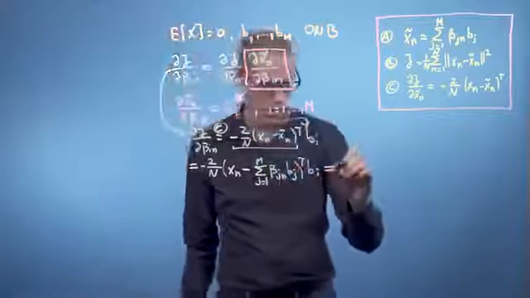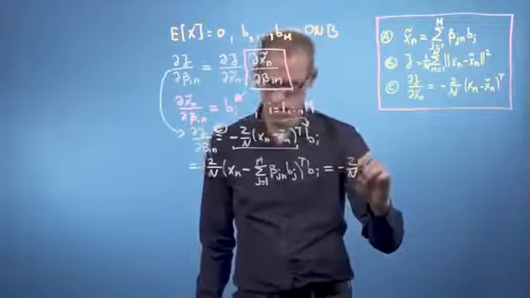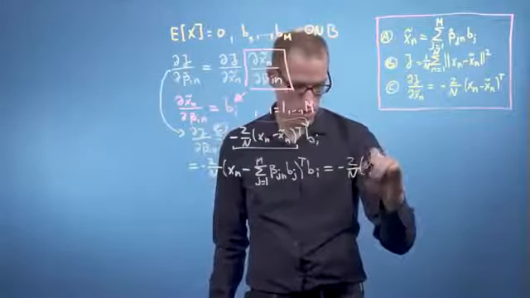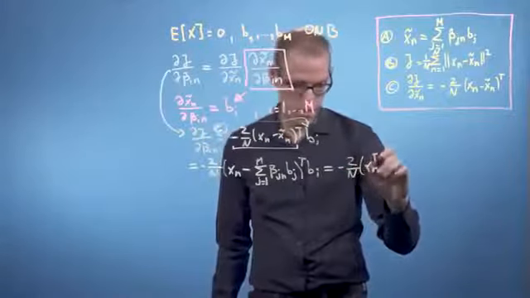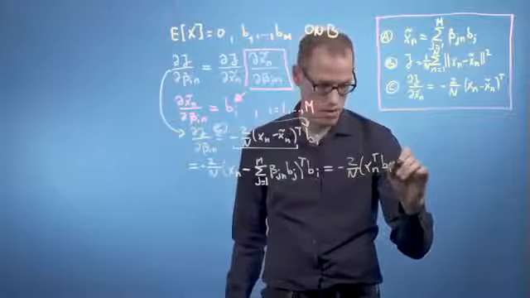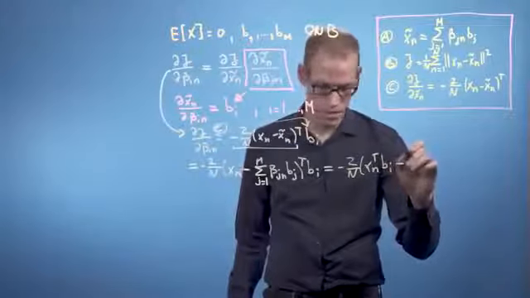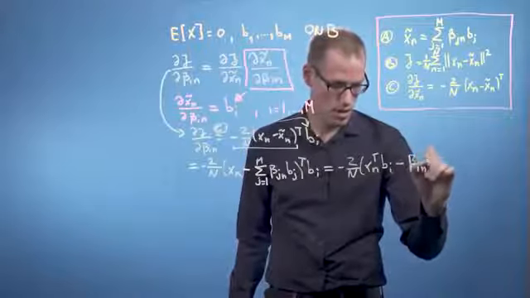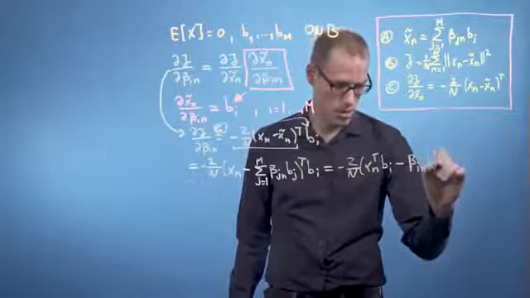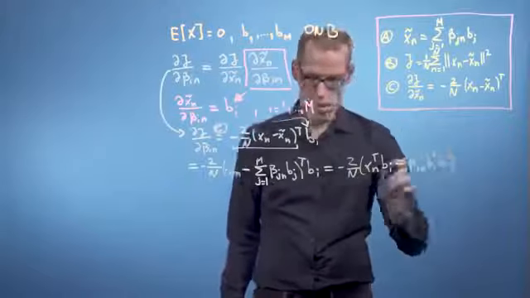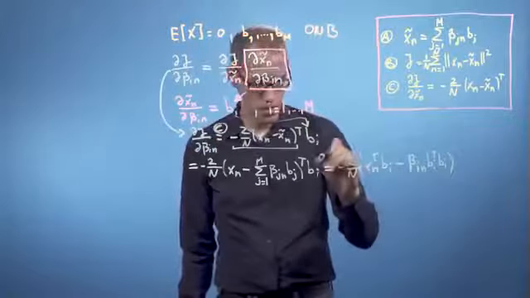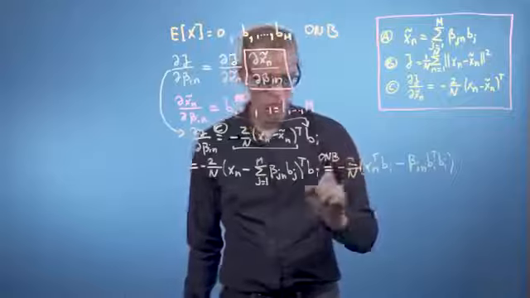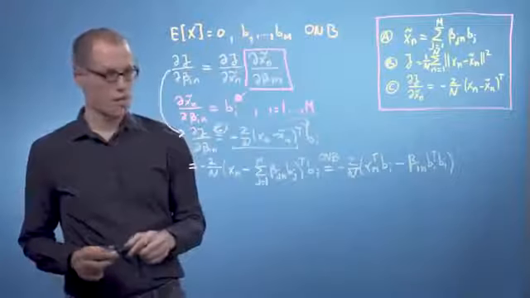And this is given as minus 2 over n times xn transpose times bi minus beta in times bi transpose times bi, where we exploited that the bi form an orthonormal basis.